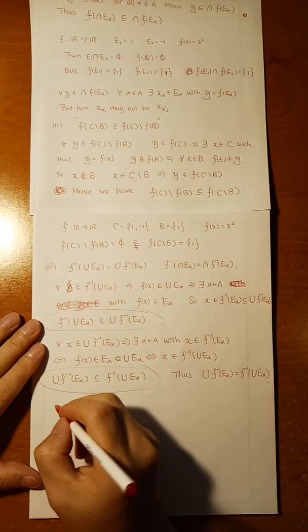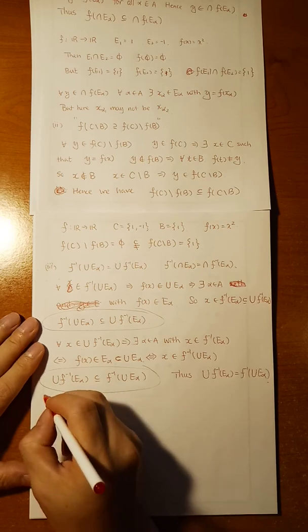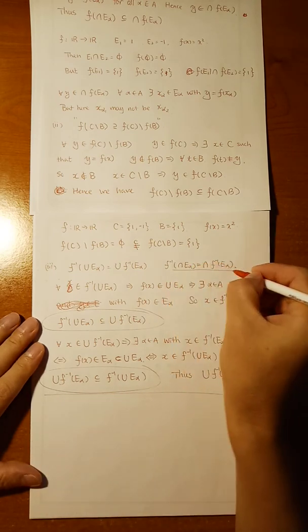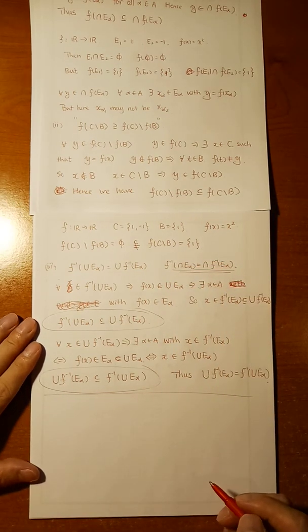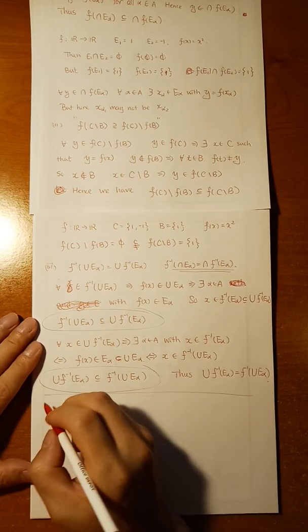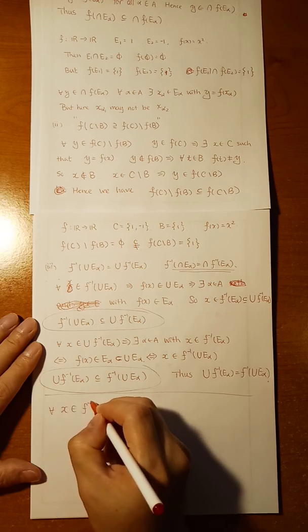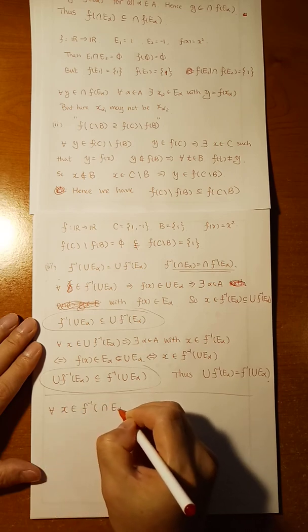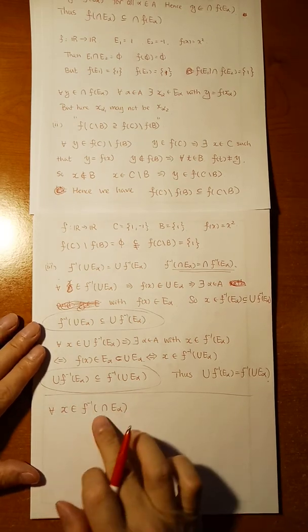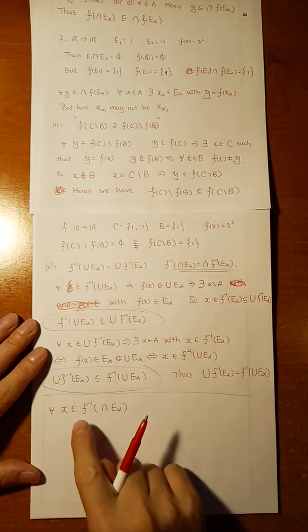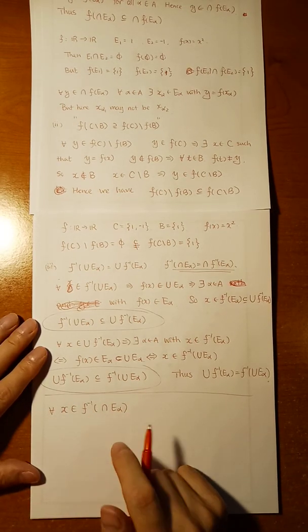For the intersection. Okay, this is one part. For now, let's talk about the intersection. x is an element in the inverse image of the intersection.